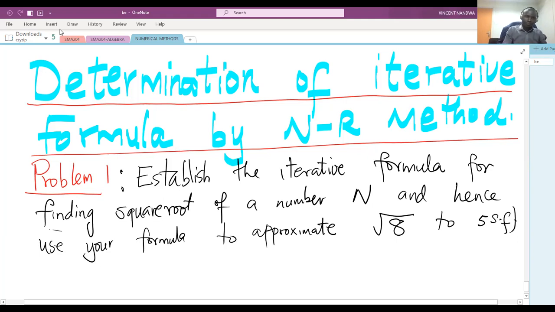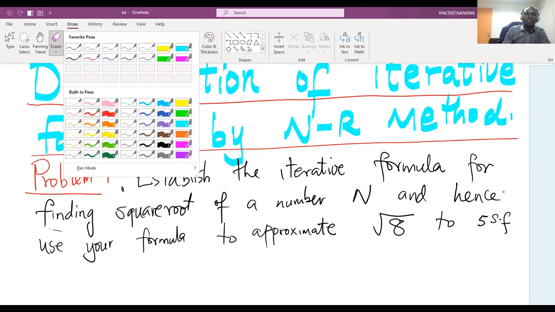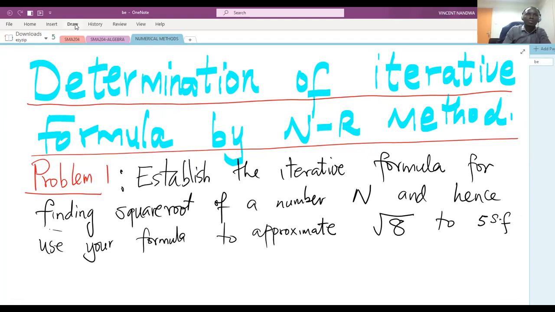So that's the problem. These are very simple problems to solve if you know the structure of the Newton-Raphson method.